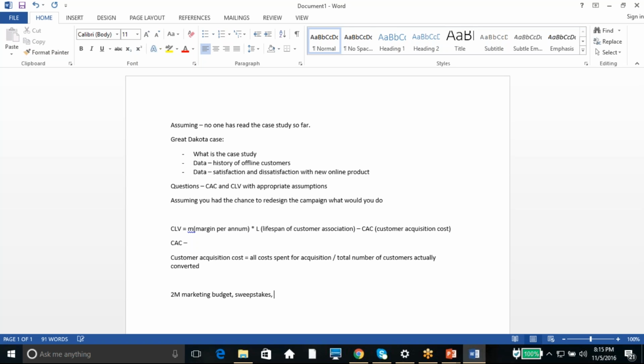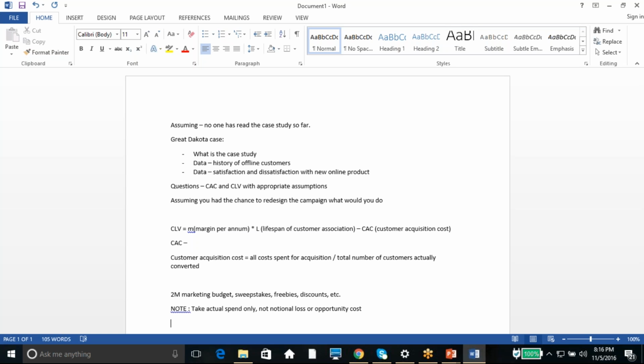Okay, so there are some freebies, discounts, etc. All these things. So whenever you are doing this, you have to note, take actual spend only, not notional loss or opportunity cost. So for CAC, you take only actual spend.